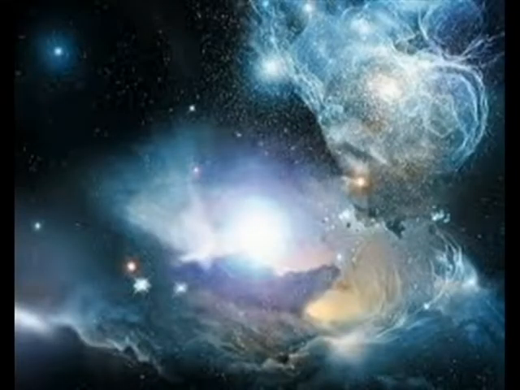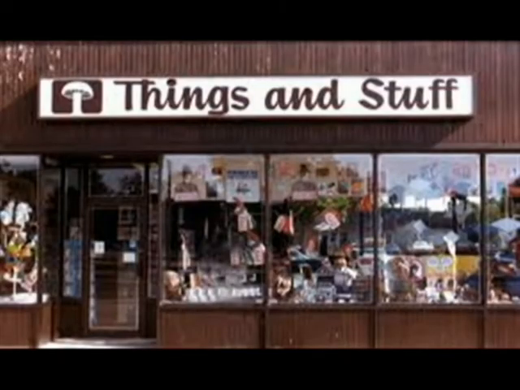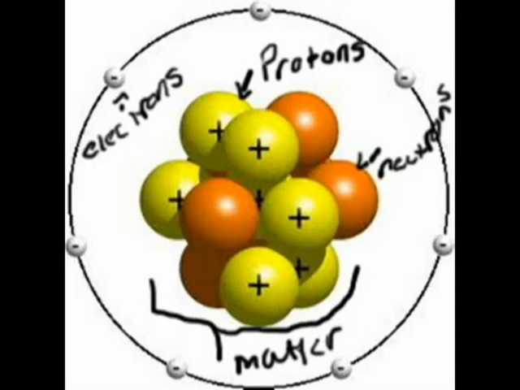So, allow me to begin by explaining a few basic concepts you will need to understand in order to get what I'm saying. All the things in the universe, living or not, are composed of matter, which is just a fancy word for stuff. That stuff is in turn composed of atoms.